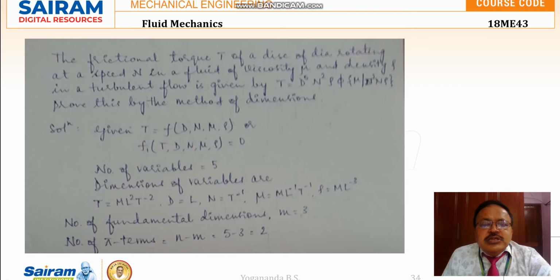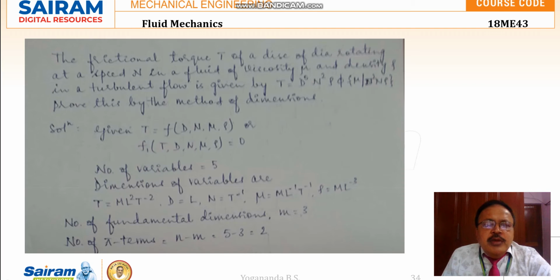From this final equation given, I can write T, the frictional torque, as the function of the disk diameter, capital D, and the speed of the shaft, that is capital N, and viscosity of the fluid in which the disk is rotating, mu, and density rho. So function of these 5 variables T, D, N, mu, rho is equal to 0.